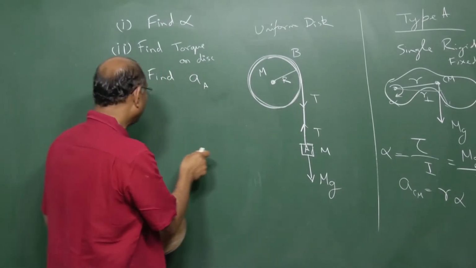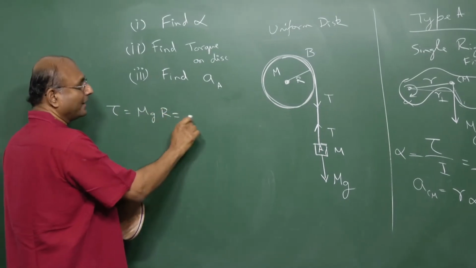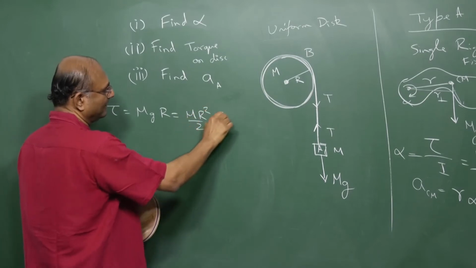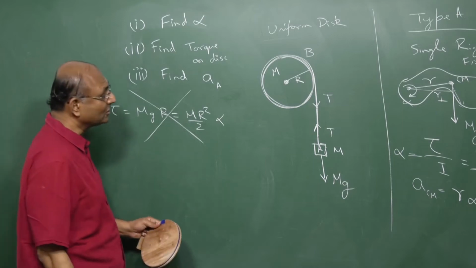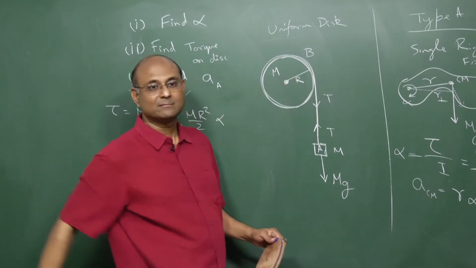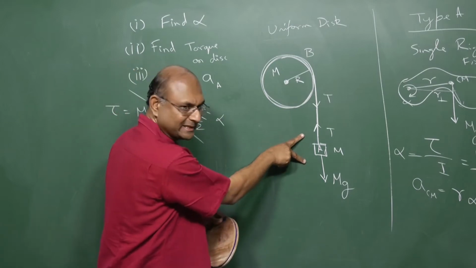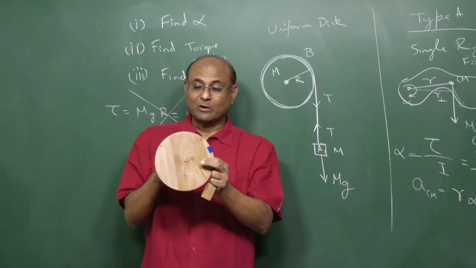You cannot say torque is equal to mgr is equal to I alpha. Wrong. Why is this wrong? Because the torque is T into r. Why is the torque T into r? Because if T was equal to mg, this fellow won't move down. But if this fellow isn't moving down, how can this rotate?